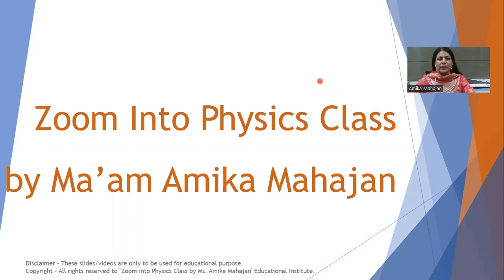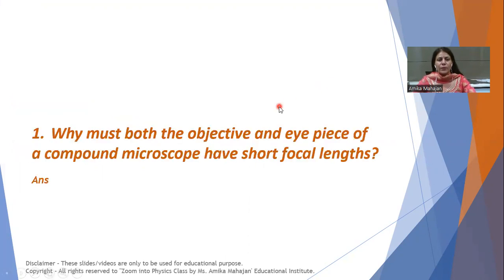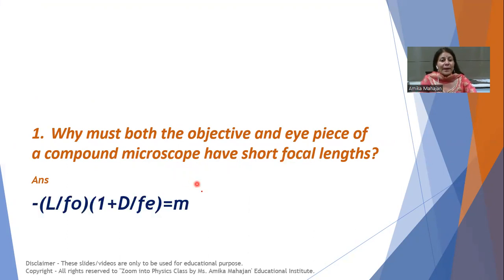Welcome to my channel. This video is focused on important questions of 1 mark each from optics of class 12. First question, why must both the objective and eyepiece of a compound microscope have short focal lengths? Magnification depends upon focal length, inversely proportional to focal length of objective and focal length of eyepiece.